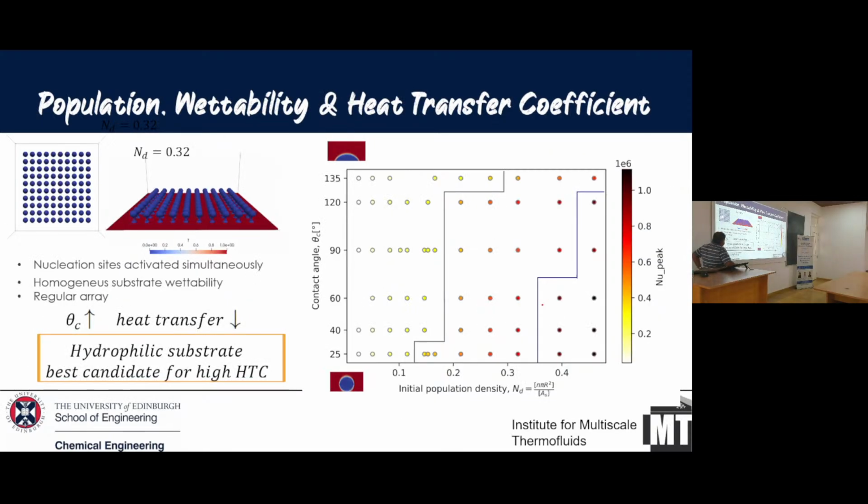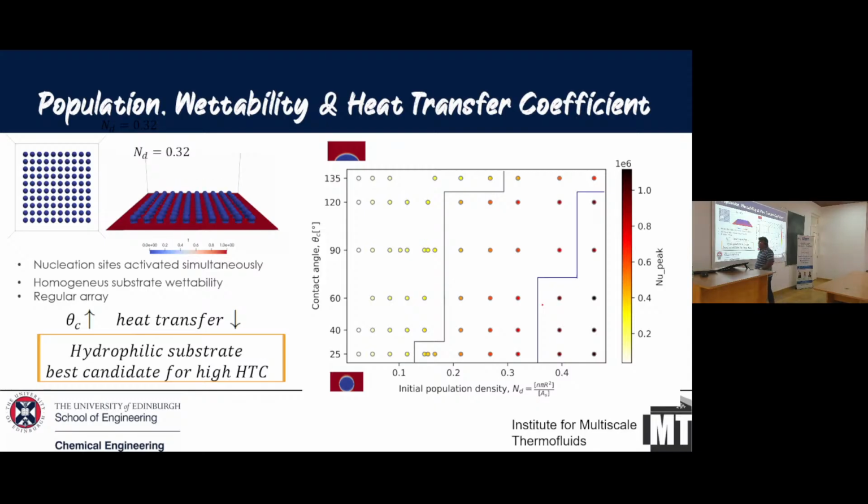This is again the main plot. This is a plot where she has done several simulations. Each dot is one simulation, and here she is plotting the peak Nusselt number as a function of contact angle and as a function of population density. You can clearly see that if you have a hydrophilic substrate, you get the maximum heat transfer coefficient, and you can maximize the heat transfer coefficient further if you have more droplets, more etching sites.